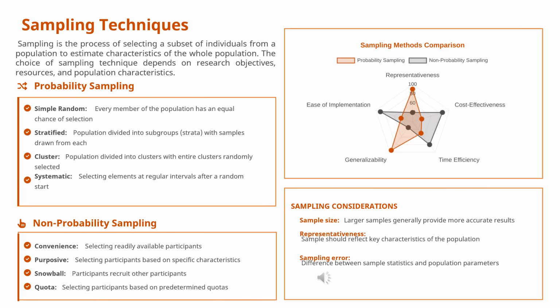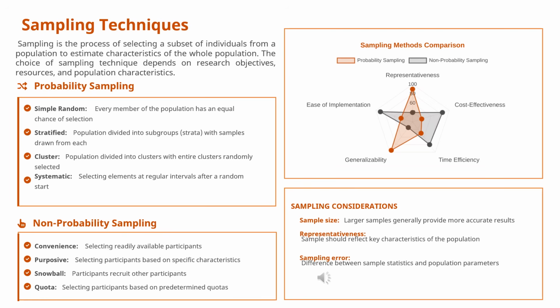And we have snowball sampling, often used in hard-to-reach populations, where the initial participants refer other individuals with similar characteristics, such as HIV positive participants referring others for a behavioral intervention study.